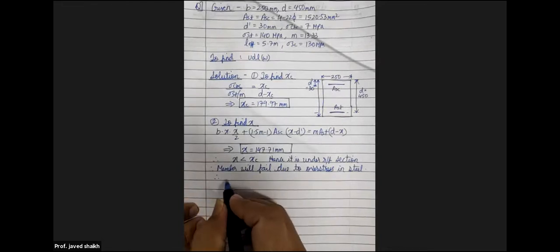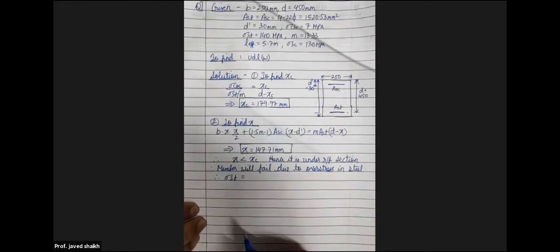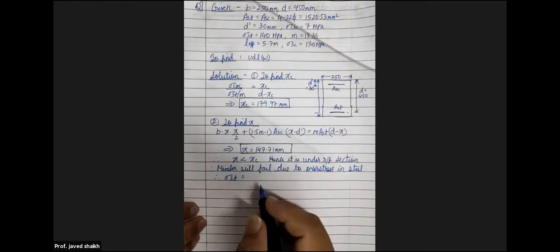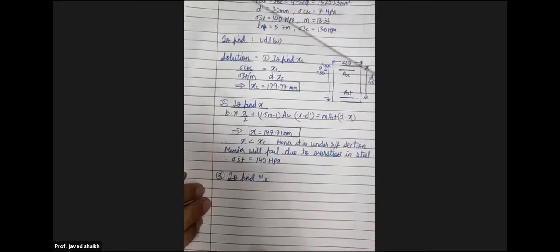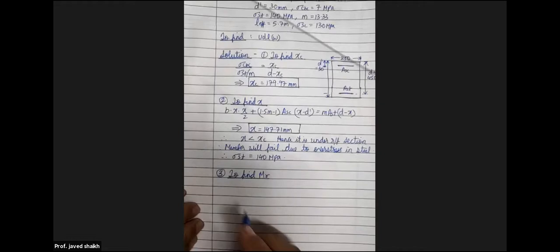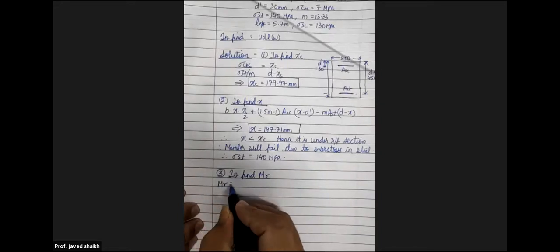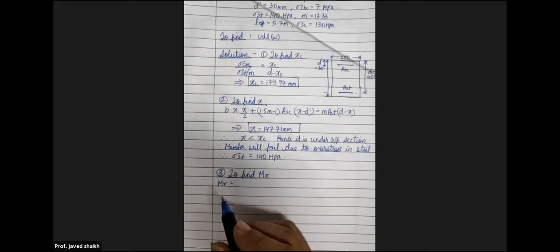So therefore, sigma st is known. So sigma st कितना हो जाएगा, 140, मतलब maximum value which is given. Correct? So now the next step is to find MR. So what is the equation of the MR? MR is given by C1 into lever arm plus C2 into lever arm.